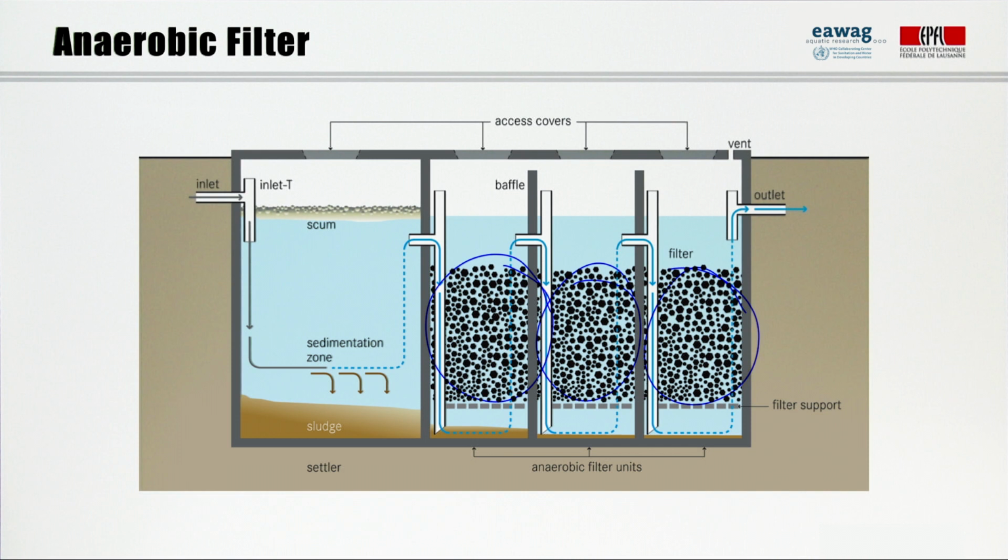This technology is called anaerobic filter. An ABR, or an anaerobic filter, can be installed at a small scale for on-site collection and treatment, but also at semi-centralized or centralized treatment level. More detailed explanations of these two technologies will be provided in Module 3.2.